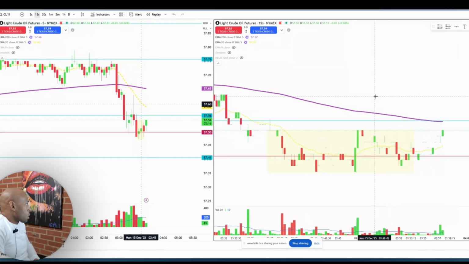But some instruments still have more opportunities than others, even in the Asian session when volume is a little bit dry. So it's not like options, where you can only trade during the daytime. You can trade whenever.